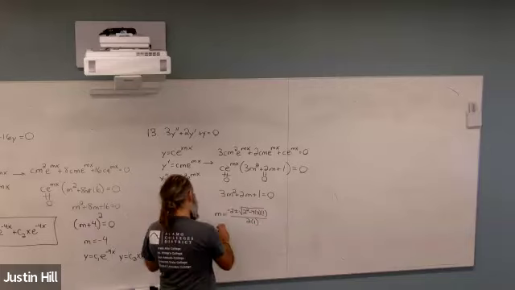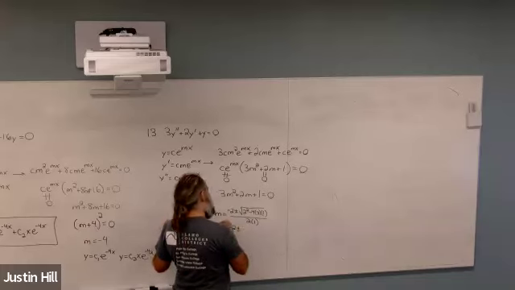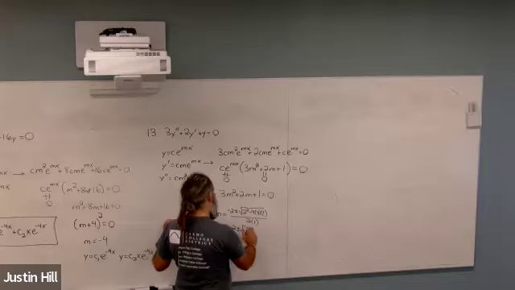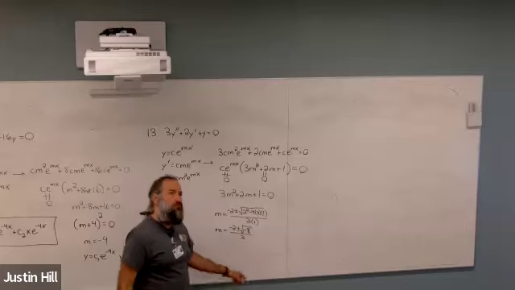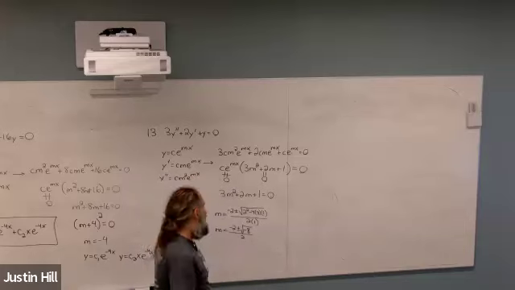So in working that through, this would be -2 plus or minus, this is 4 minus 12, so the square root of -8. Simplifying, that's going to be 2 square roots of 2i.